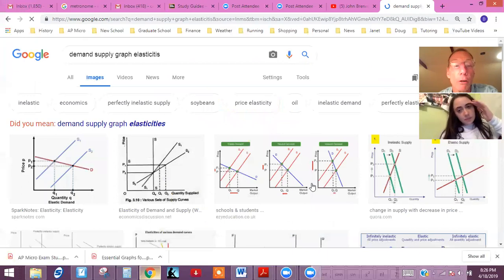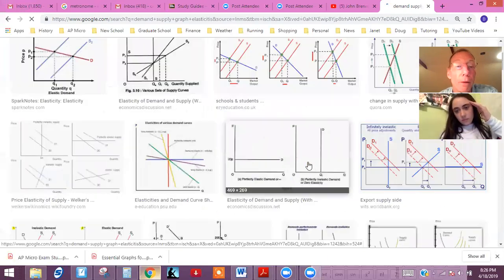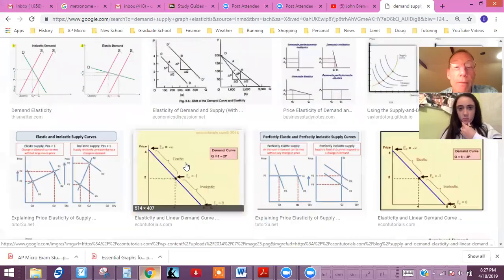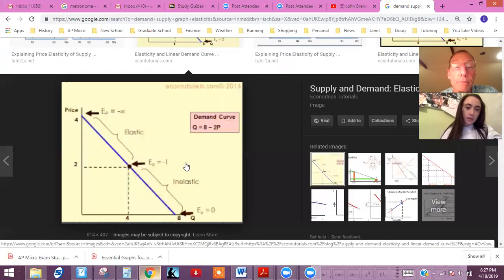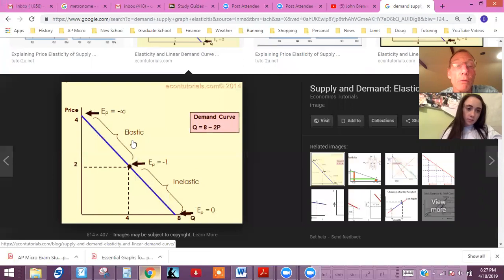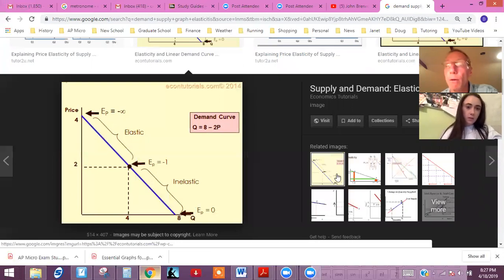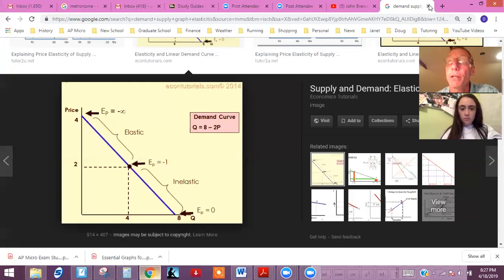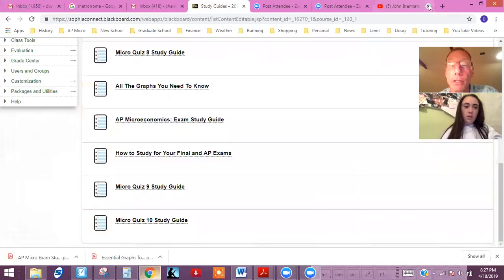And you can probably find something pretty quick right here. See, this is more elastic, more inelastic. That was that quick, right? Which is why I have to have your final exam proctored, because the answers are just too easy to find, and it's tempting, isn't it, just to go find the answer.